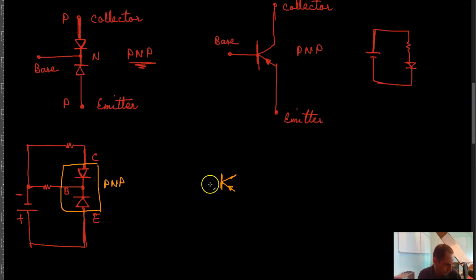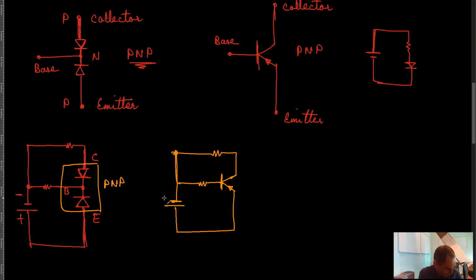The base goes through a resistor to the negative supply. The positive supply goes to the emitter, and then the collector through a resistor goes to the negative supply. So that becomes something like this.